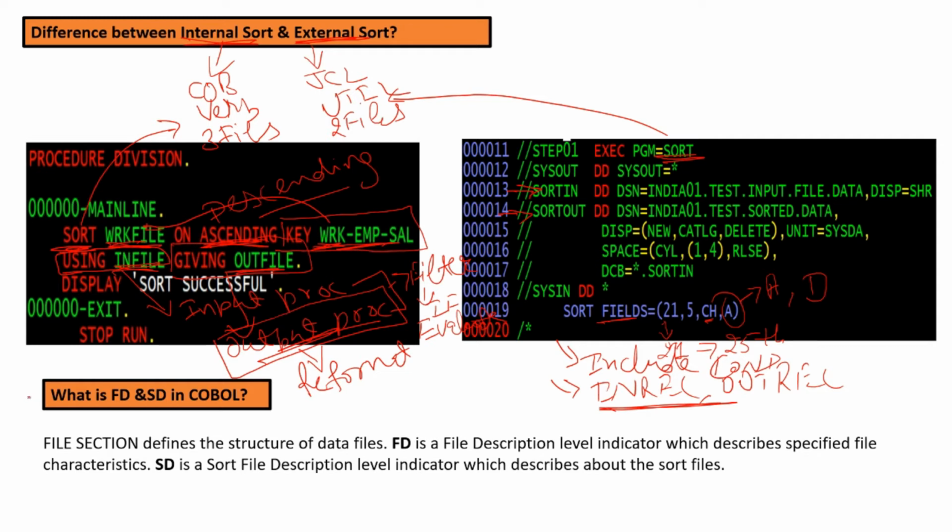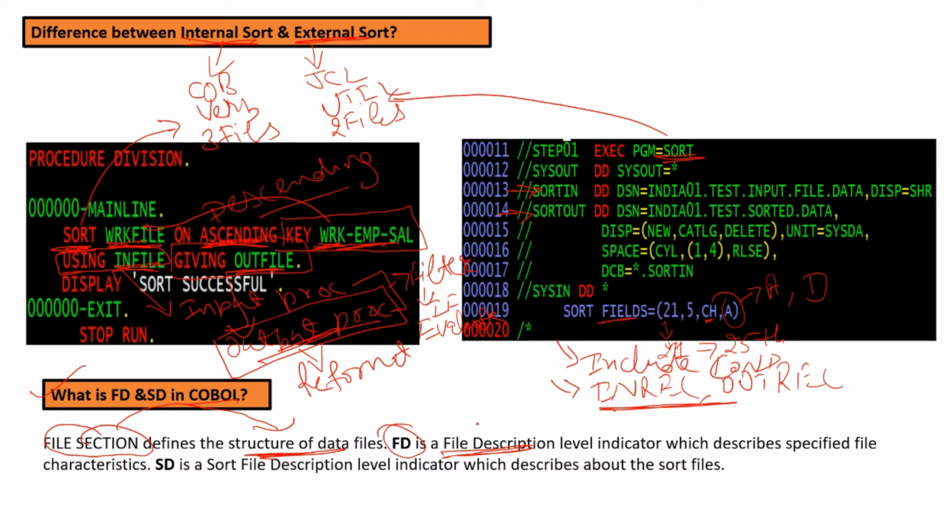Now next is what are FD and SD in COBOL. We have the file section in COBOL. It defines the structure for the input file, output file, or temporary file, or you can say work file. FD means it will define the file description for the input and output file.